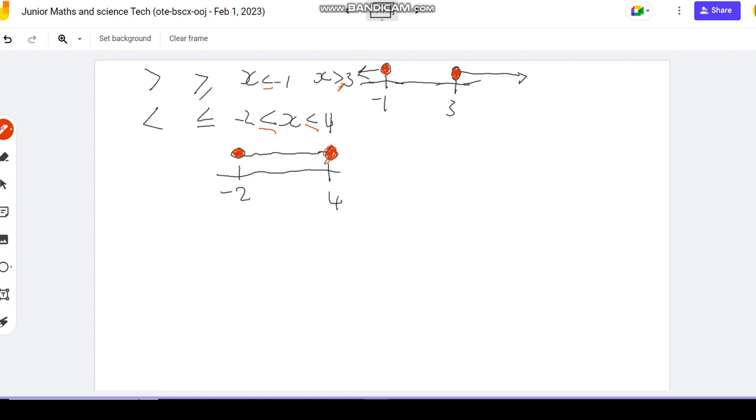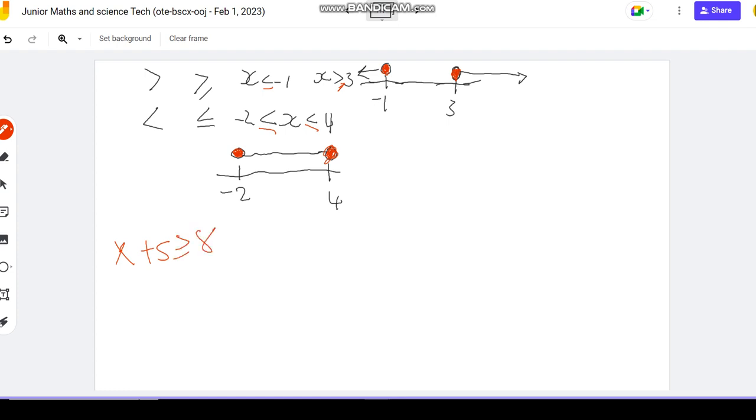So this is more like what you will encounter in inequalities. In most cases it revolves around here. And then now if I'm to do just an example, let's say you're having x plus 5 is greater than 8.